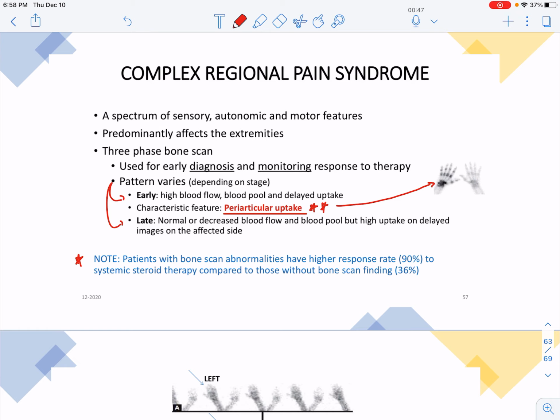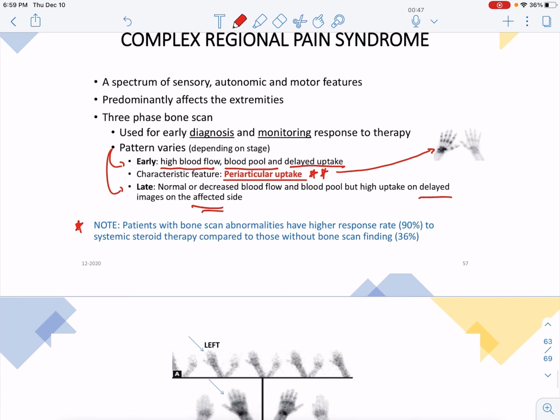If they detect the disease early and the patient has a 3-phase bone scan, we will have high blood flow, high blood pool, and delayed uptake. All three will have high uptake. And this we call peri-articular uptake, as you can see here. If they detect the disease late, we will have normal or decreased blood flow and blood pool, but we will have delayed uptake affected. Okay.